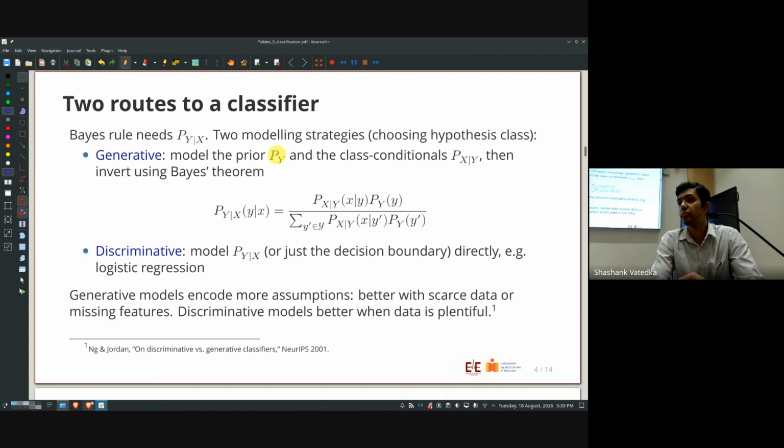We don't need the distribution for generative clearly. We do. So the assumption depends on how you approximate p(y) and p(x given y). One way to do so is you assume that these class conditionals are Gaussians. So the only free parameters left for you to choose are the mean and the variance or covariance.